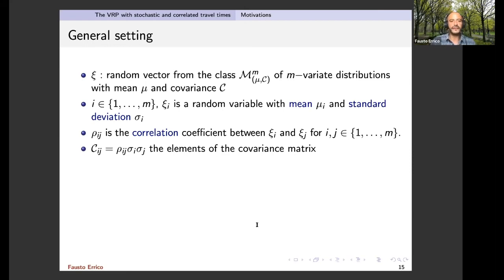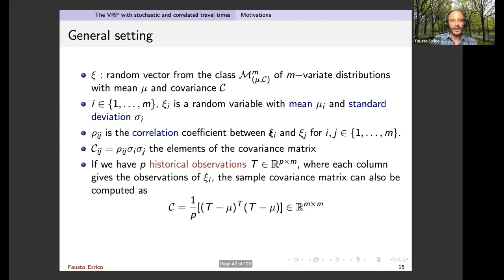A covariance matrix is of course related to the correlation coefficients between each of the components of the random vector. How could we potentially retrieve this covariance matrix? Well, if we have data, we could relatively easily retrieve these covariance matrices through a well-known approach that's briefly described here.